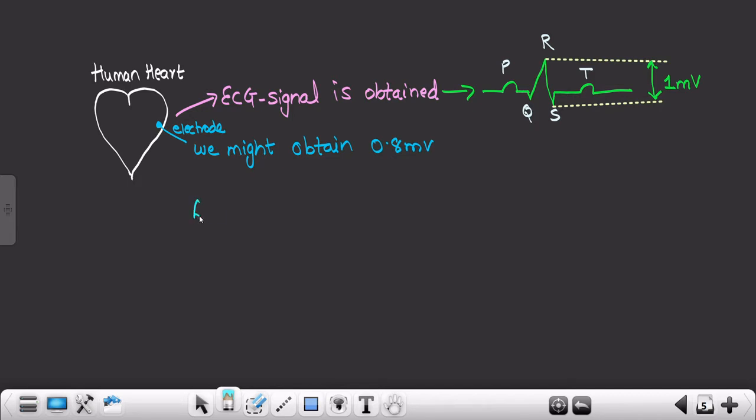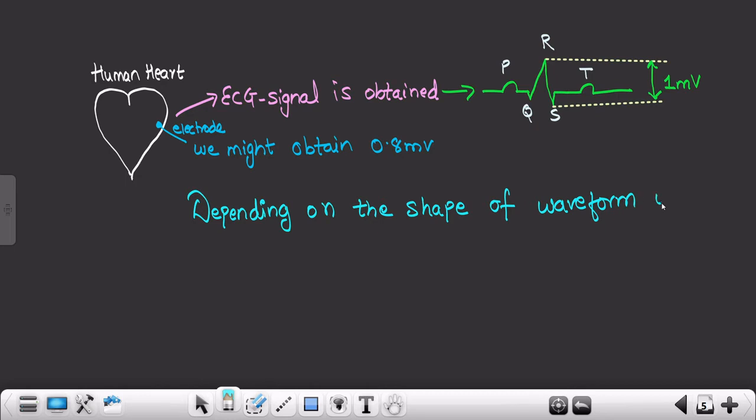Depending on the shape of the waveform, we are able to analyze the working of the heart.